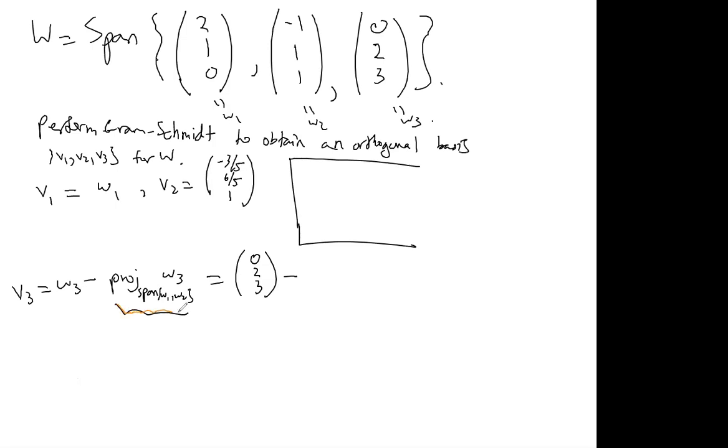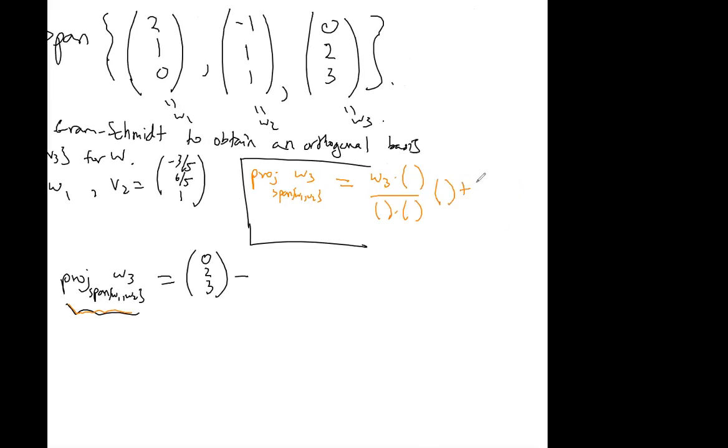Right, so the projection of W3 onto the span of two vectors is W3 dot something over something dot something plus. This is the formula where we need to plug in some of these vectors, right?